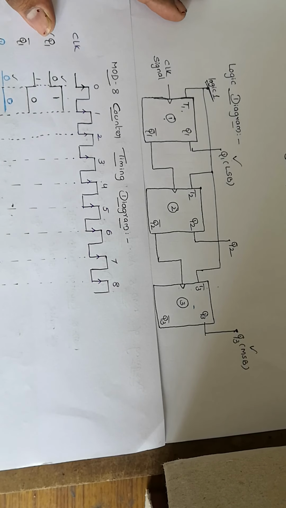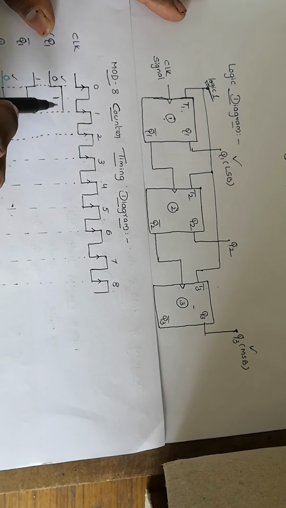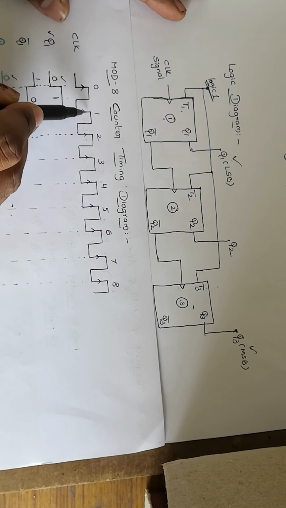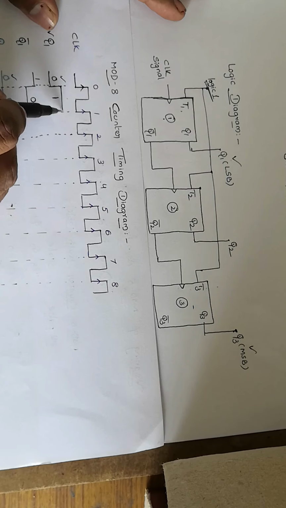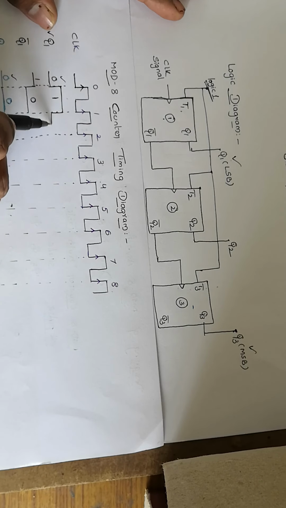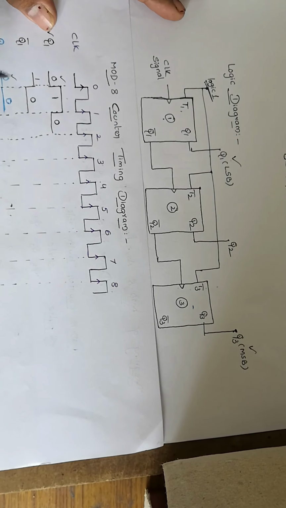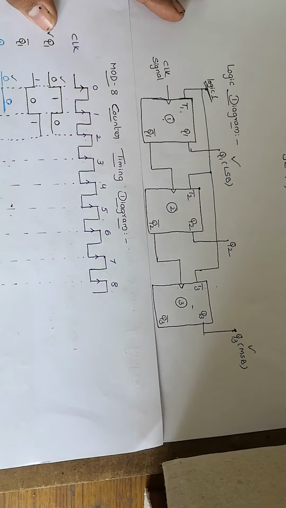After applying the second clock pulse, at the 0 to 1 transition, the T flip-flop is again in toggle condition, so it produces the complement of the previous state, which is 0. When Q1 is 0, Q1 bar is 1. To drive the second flip-flop, which requires a 0 to 1 transition, Q1 bar makes a 0 to 1 transition.